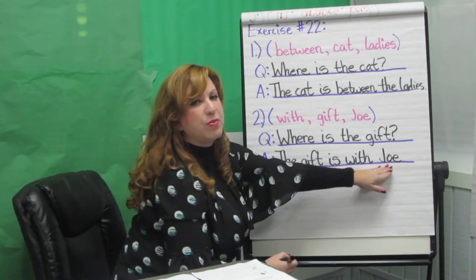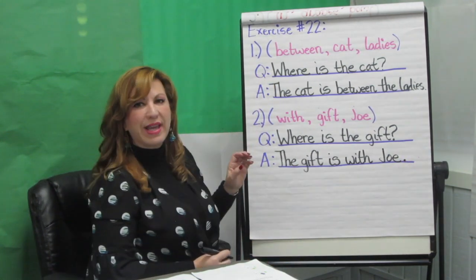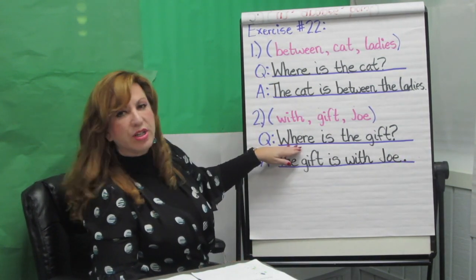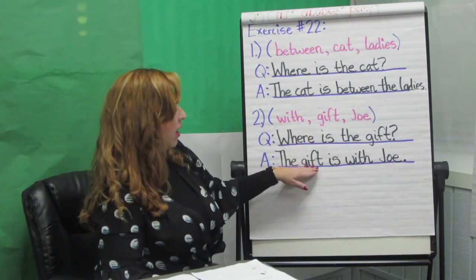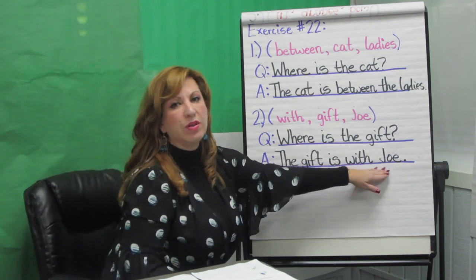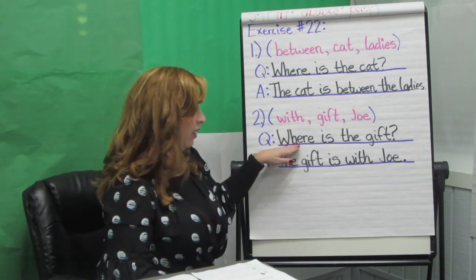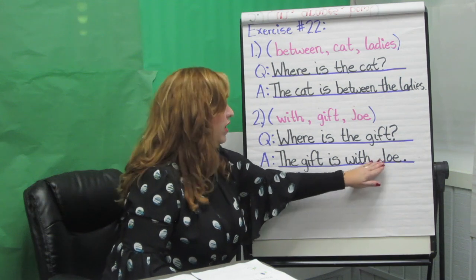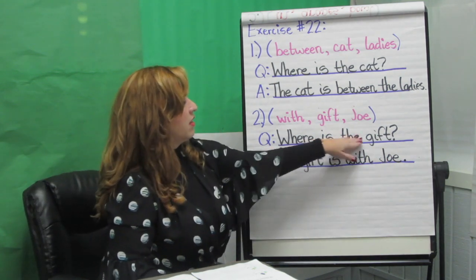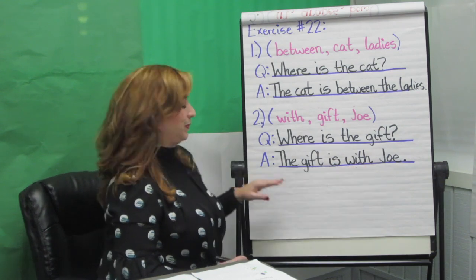Joe is the object of the preposition. Period. So again, let's ask the question. Where is the gift? The gift is with Joe. So remember, where is asking the location of a thing. With Joe is the answer. Where is the gift? The gift is with Joe.